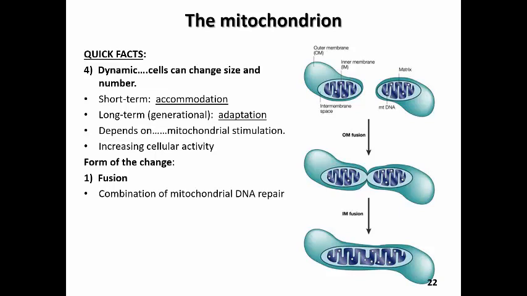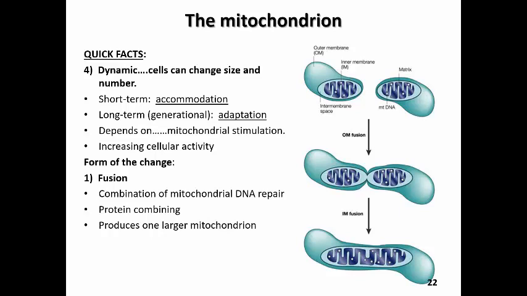So the fusion is something that can happen quite efficiently, provided that there is a stimulus to the cell by activating the cell. So this is also a process in which damaged DNA can be repaired.